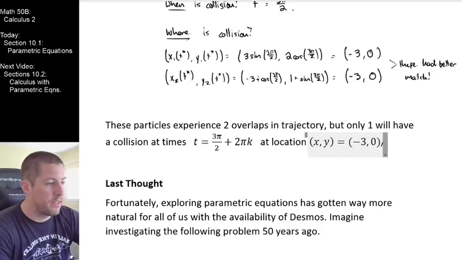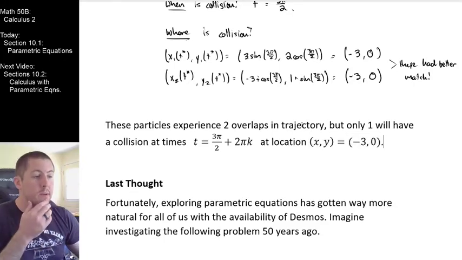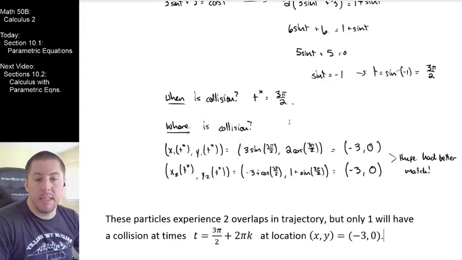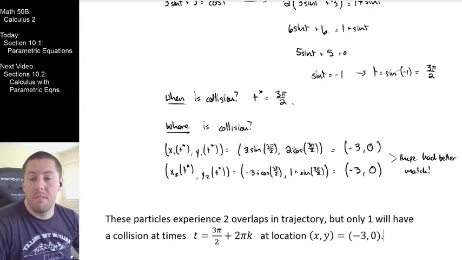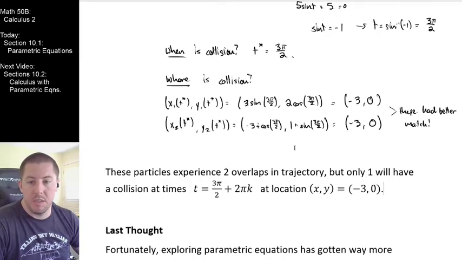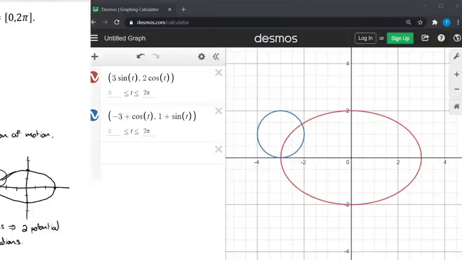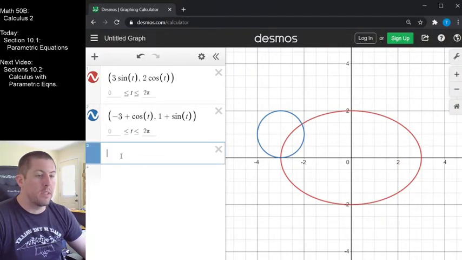As our final thing to do here, we should go to Desmos, graph the two things, put both of their dots on them, and click the play button and see that one of the overlaps will not result in collision and one of the overlaps will. So let's go to Desmos to wrap this up. I want to graph both of these, which we've already graphed. But now I want to add their particle components as well.